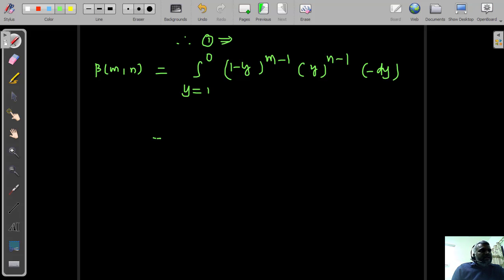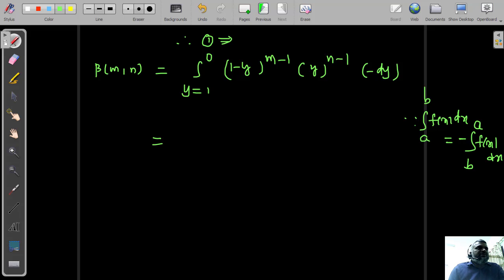Now rewriting this definite integral with the help of this rule. The integral from a to b of f of x dx, by the definite integral property, can be written as minus the integral from b to a, interchanging the limits, upper limit as lower and lower as upper, so the negative sign goes outside f of x dx.